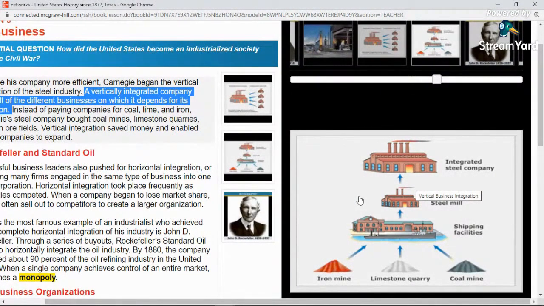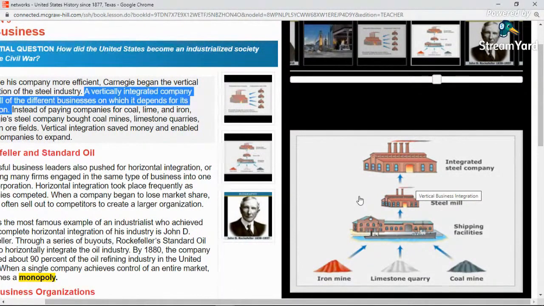So this is vertical integration. If I'm going to have my brigadeiro store or company, I'm going to buy a company that makes cacao. I'm going to buy a company that makes boxes, so I can put my brigadeiros in the boxes. I'm going to buy a company that makes the little paper cup that I can put my brigadeiros inside.